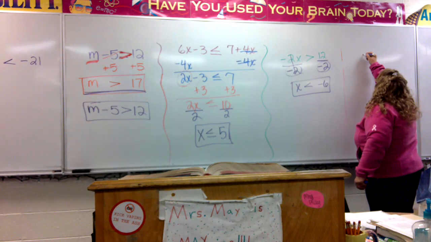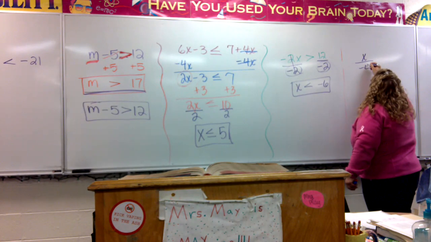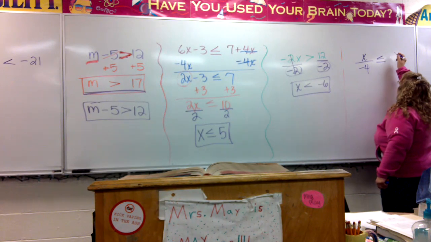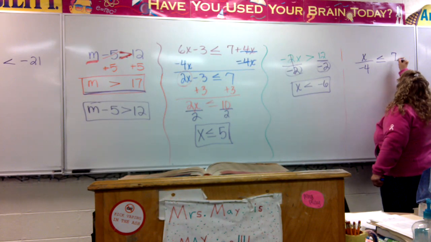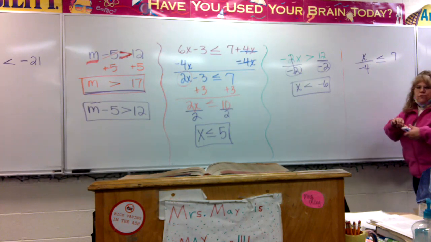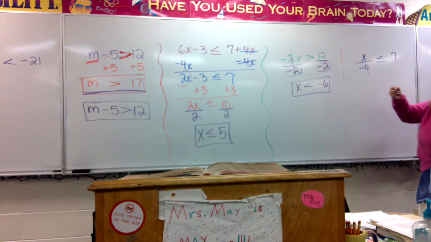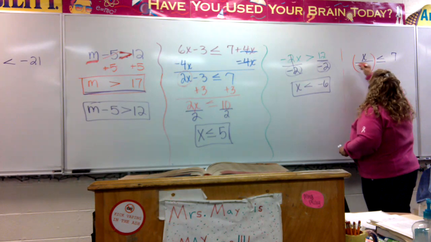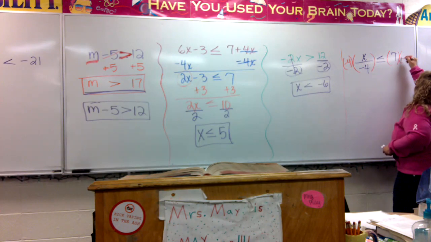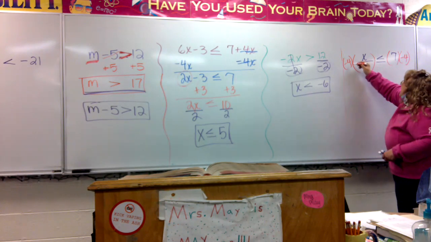So if I have x over -4 is greater than or equal to 7, what do you do to both sides to get rid of a divide by -4? You times by -4. And when you multiply both sides by -4, what do you get?